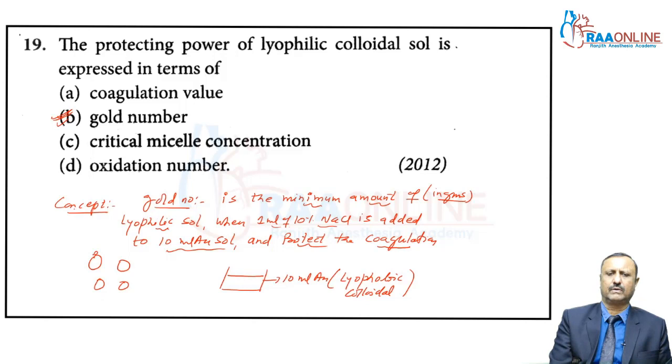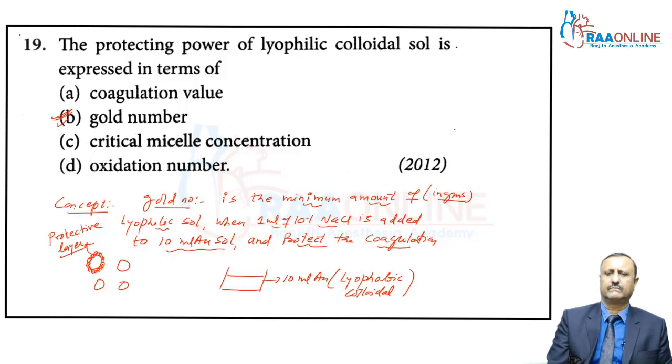When this lyophilic colloidal sol is added to the lyophobic, the lyophilic forms a protective layer. This type of layer is called the protective layer, and it is formed by the lyophilic. So my dear students, the lyophobic is protected from the electrolyte, because the lyophilic forms the layer on the lyophobic.